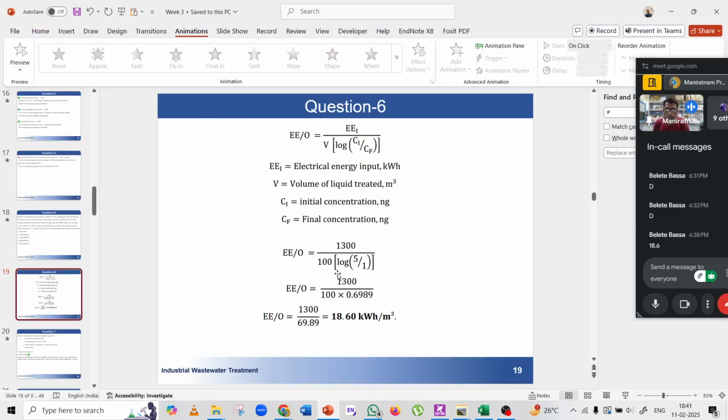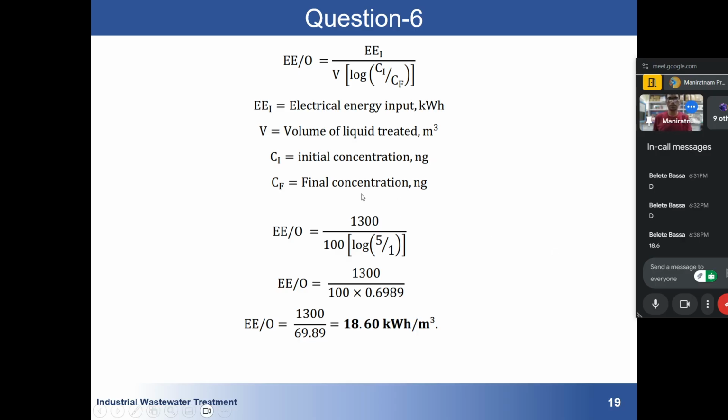So right now I cannot recall from where this formula came. But for electrical energy, we have to use this formula, that is electrical energy input divided by volume into log of initial concentration divided by final concentration.